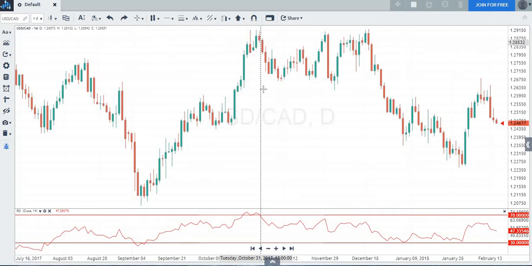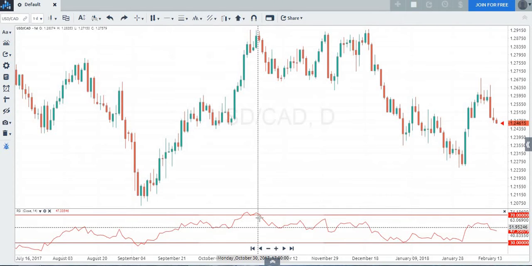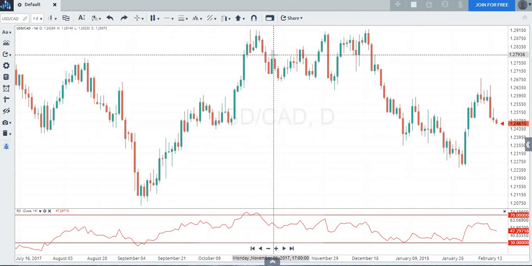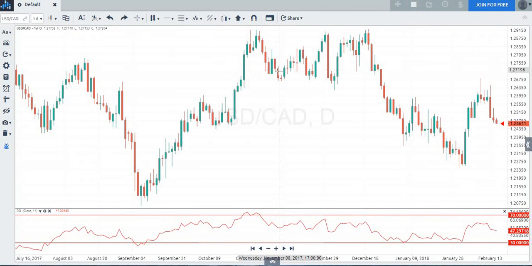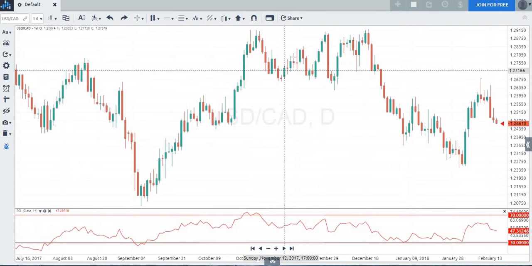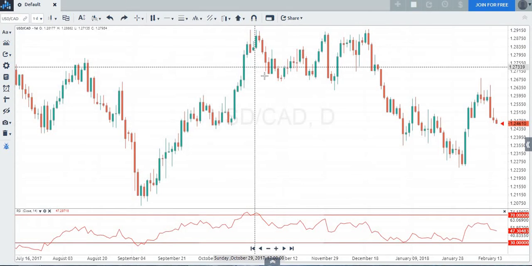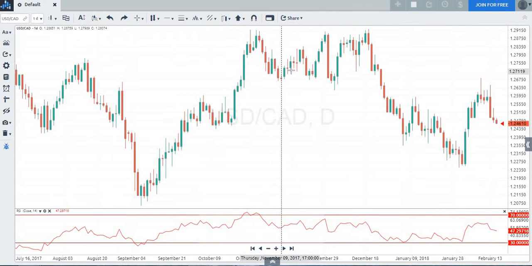Then as the RSI starts to break below 70, you start seeing your price break from the highs as well. And this whole area up here looks like a little bit of congestion, some consolidation going on, right?